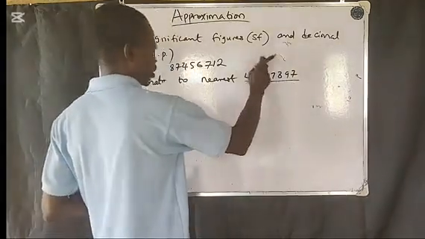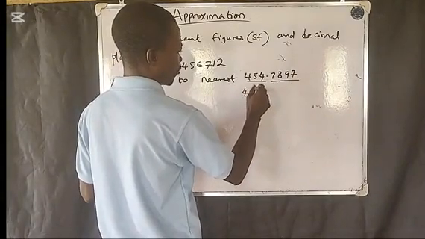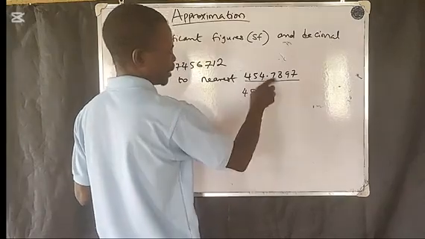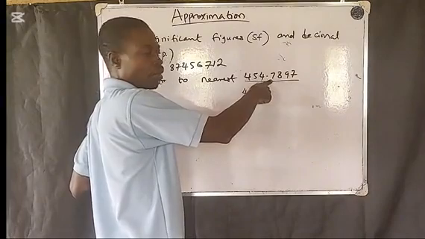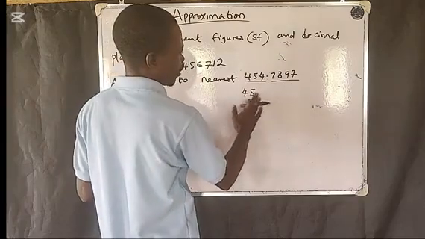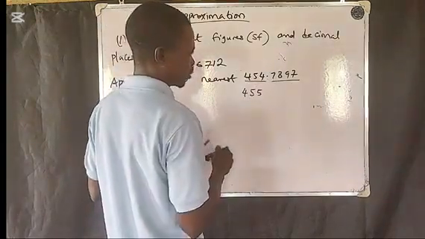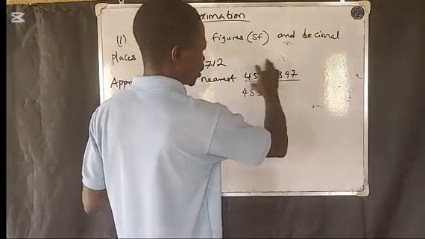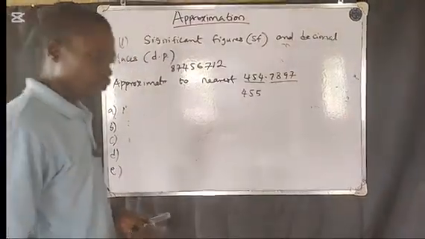To approximate this number to nearest whole number, you simply stop at 454. But if you look at the next digit to it, it's a senior digit. Because it's a senior digit, you add 1 to this 4, it becomes 5. So 455 is this number approximated to nearest whole number.